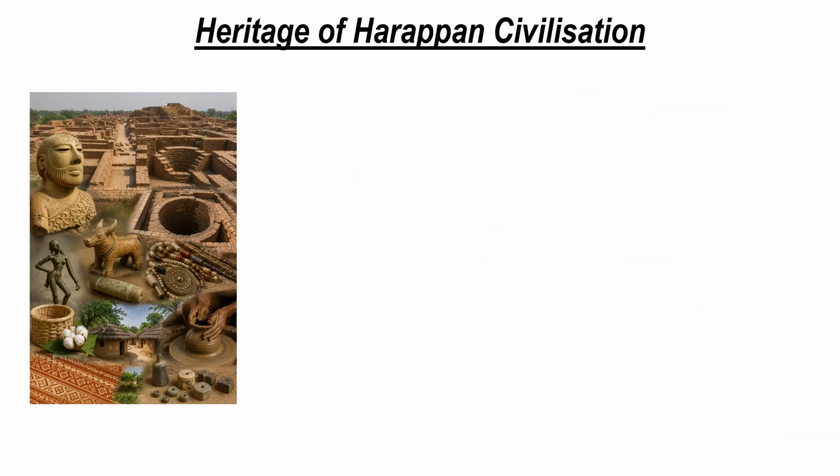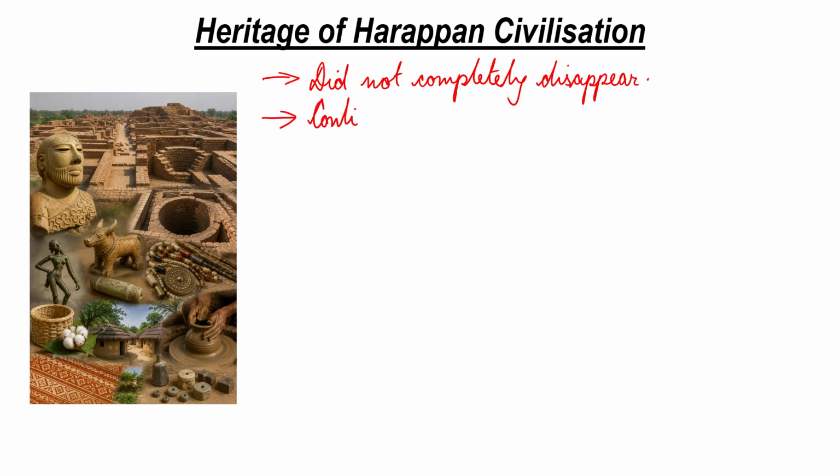Now we will see, as a conclusion, what is the heritage of Harappan civilization. So Harappan civilization did not completely disappear. The most important thing to be kept in mind: it did not completely disappear. It continued in regional cultures.